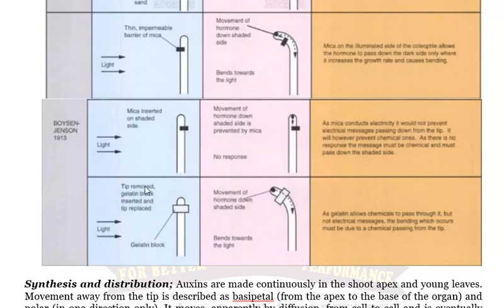So the tip removed, gelatin block inserted, and the tip replaced, but the gelatin block is permeable. Now movement of hormone down the shaded side occurs as usual, as the gelatin block allows chemicals to pass through it but not electrical messages. The bending which occurs must be due to a chemical passing from the tip. So that means the gelatin block comes to prove the point that the message is chemical in nature and not electrical.